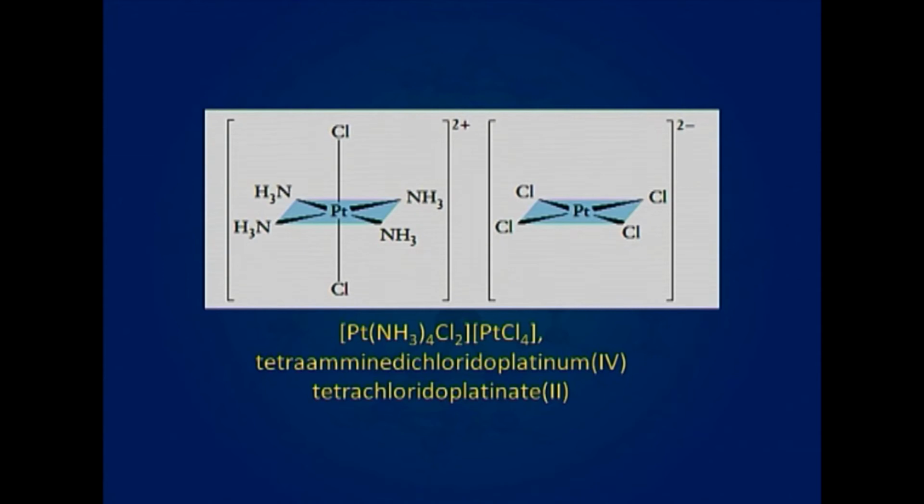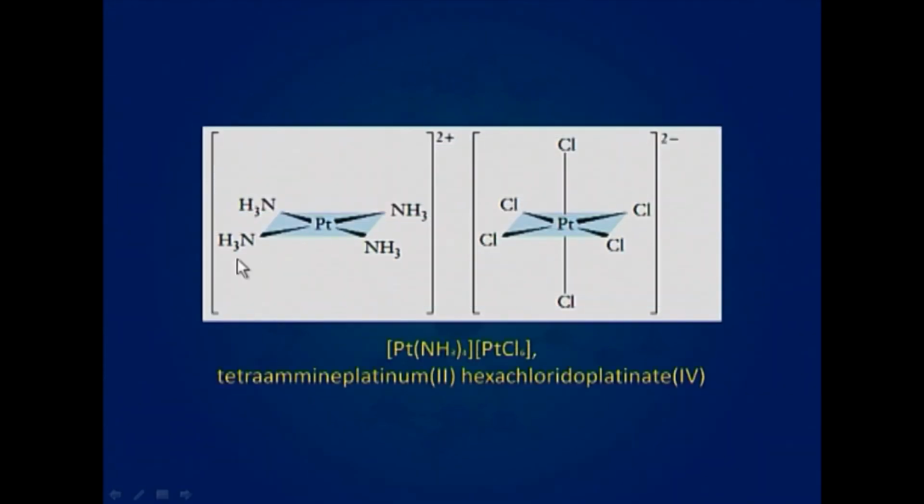But in its coordination isomer, 4 amine ligands are coordinated to platinum and in the other coordination sphere 6 chloride ligands are coordinated with platinum, and it is named as tetraamine platinum 2 hexachlorido platinate 4.